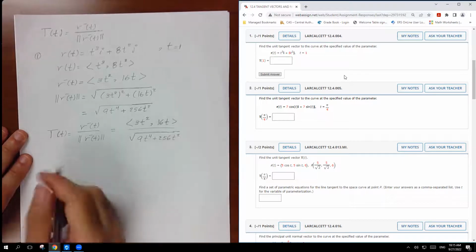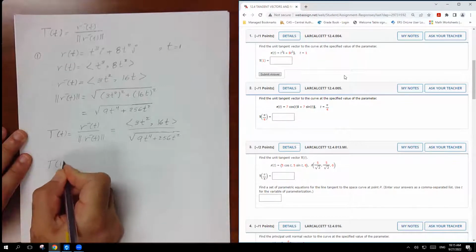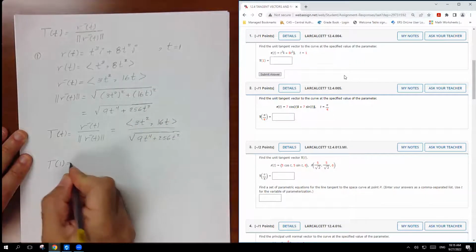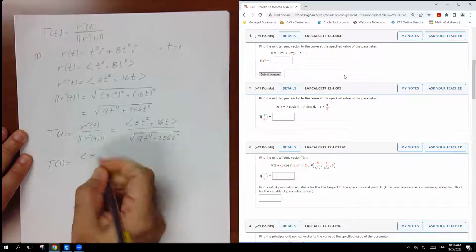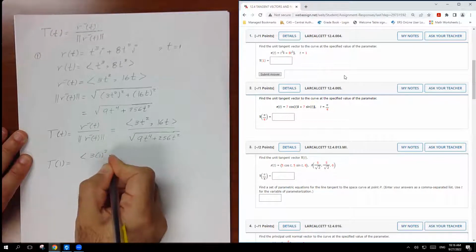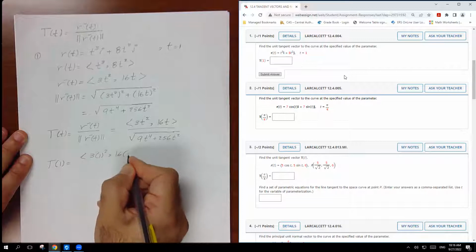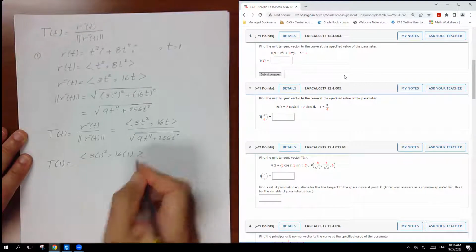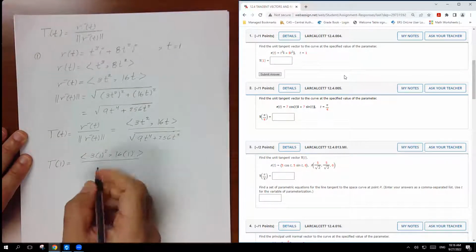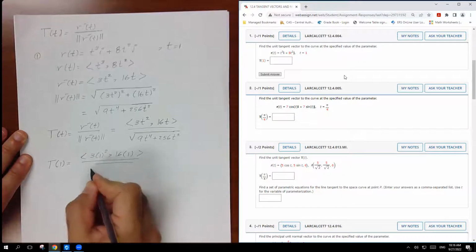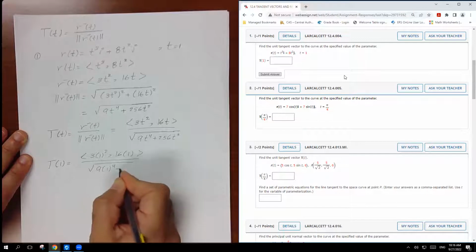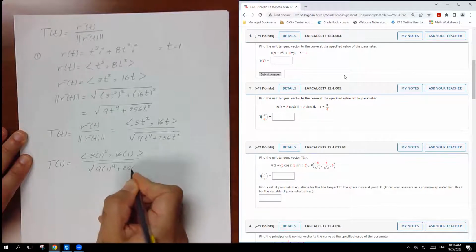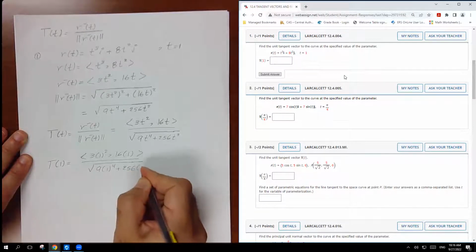You can keep it like this. Then I'm going to find T with respect to 1, because t equals 1, and that's what it asks us to find. Plug in 1 here. So this vector is going to be 3 times 1 squared and 16 times 1 over the square root of 9 times 1 to the power 4 plus 256 times 1 squared.